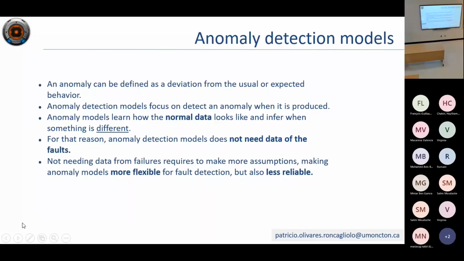Maybe at some moment you will receive a new component that is color green. It's not an error, it's not a failure, it's just the same component but color green. If you are using images for your anomaly detection system, that will be a detection, because it's not the normal behavior. So that's what I mean when I say that it's not as reliable compared with fault detection, but it's more flexible, because if you consider in that case that a green component is a failure, well, you will have that detection made.